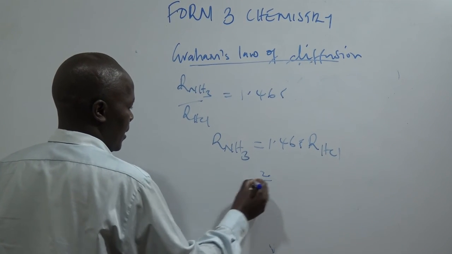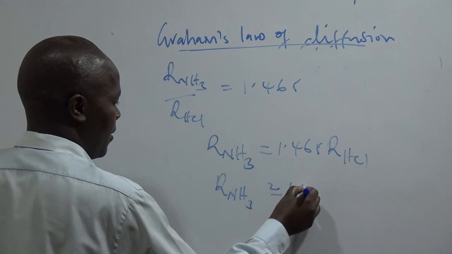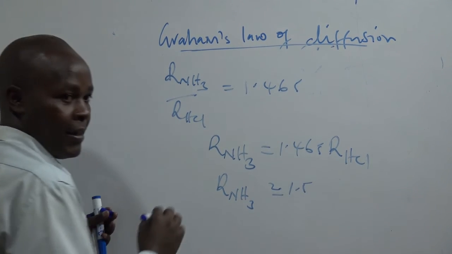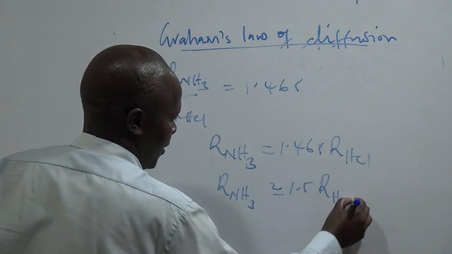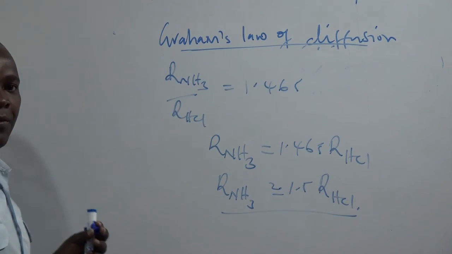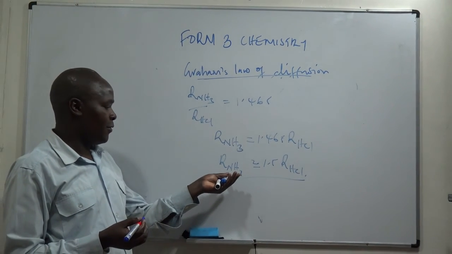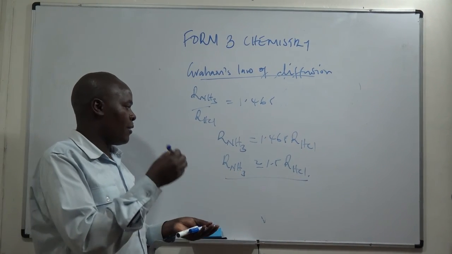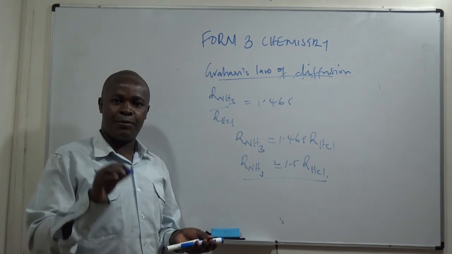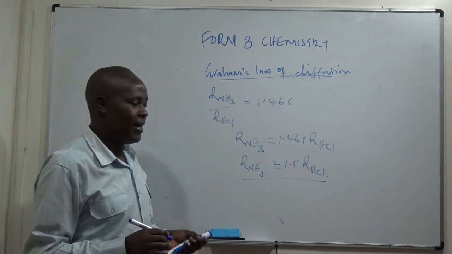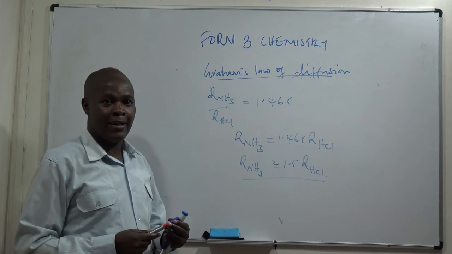This means that the rate of diffusion of ammonia gas is 1.5 times faster than the rate of diffusion of HCl. So we are able to compare the rates of diffusion that way. If you have to interpret this, it means that ammonia gas diffuses 1.5 times faster as compared to HCl.